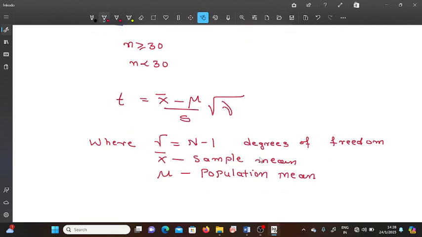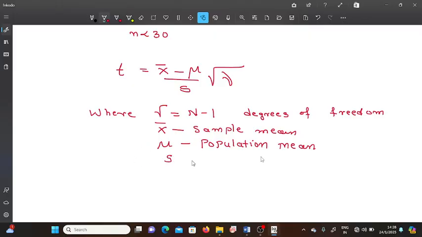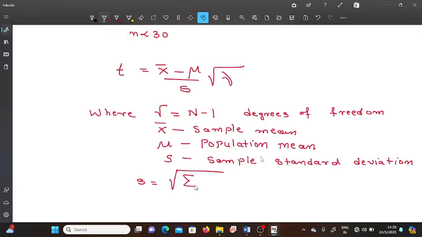and s is called the sample standard deviation, which is given by s equal to square root of summation over (x minus x bar) whole square by the sample size n.